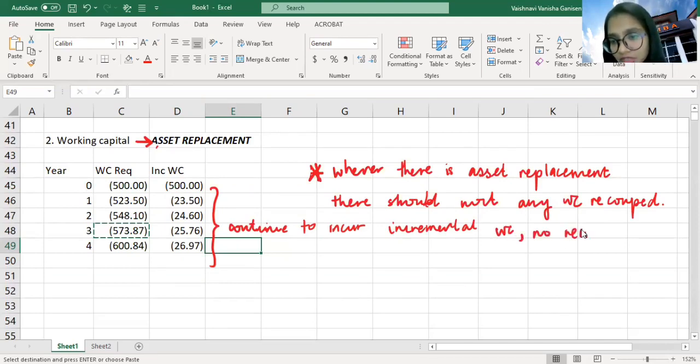No recoup. The reason why there isn't any recoup is because, guys, you must remember, when the asset is being replaced, that means the project hasn't come to an end yet. That means once you sell this asset, you will buy another asset to continue with the project. So when will you have the scenario where your project working capital will be recouped? It will be only when your project comes to an end.